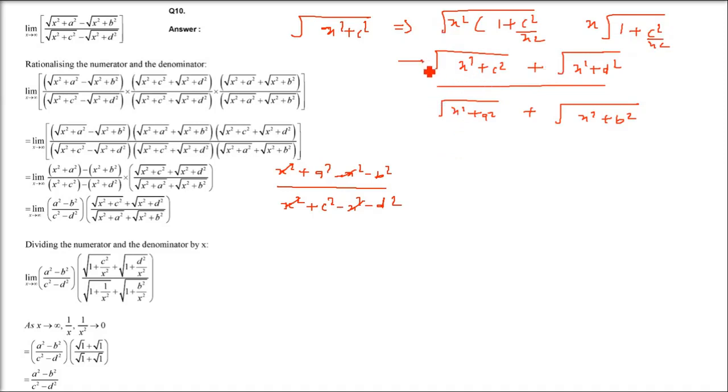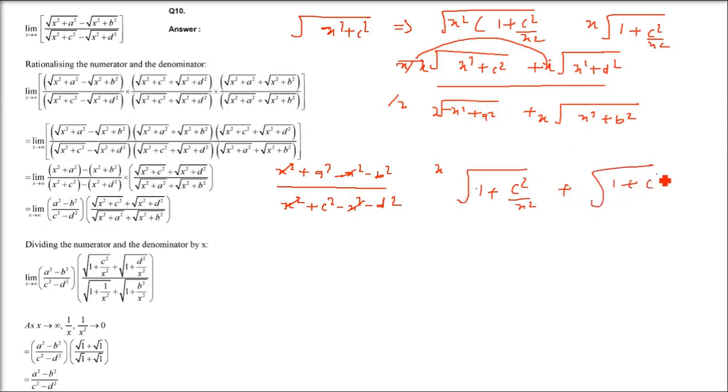Here also the same thing: x from the numerator and x from the denominator. So x you can take outside from both the terms. What do you get inside? Here also you will get x in the denominator, and finally this x gets cancelled. So you have under root 1 plus c square by x square plus under root 1 plus d square by x square.